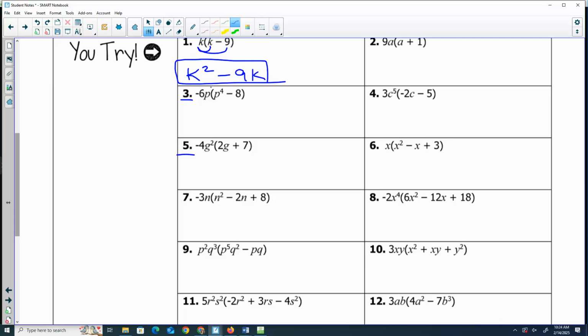It's like negative 6p to the first. You multiply it with p to the fourth, so it's a negative 6. You add the exponents, so p to the fifth. Here, what is a negative 6 times a negative 8? Positive 48.